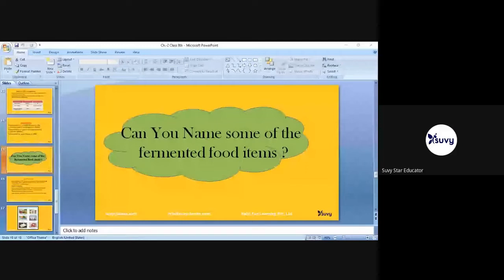Idli is again there. Idli is one of the examples of fermented food items. How many of you have heard about chana bhatura? Noorjahan has heard. So the bhatura is again a fermented food item. Okay. So what is fermentation?